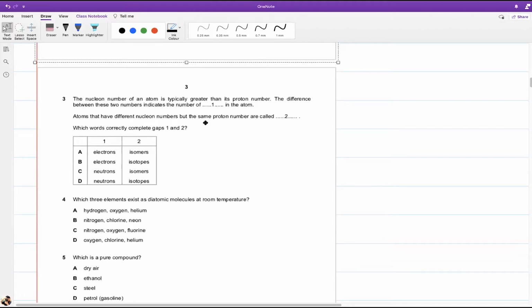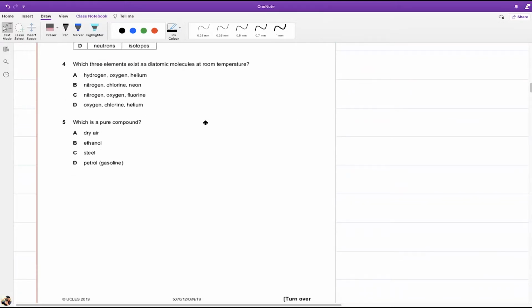Remember, that is not the definition of isotope, because AR is basically relative atomic mass. The idea of relative simply tells me that you're already including all the isotopes. So do not say that atoms have the same proton number and different AR. It's basically atoms with the same proton number, but different mass number or different nucleon number or different number of neutrons. All right. Which 3 elements exist as diatomic molecules at room temperature?